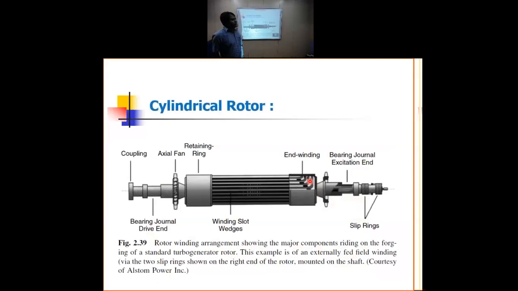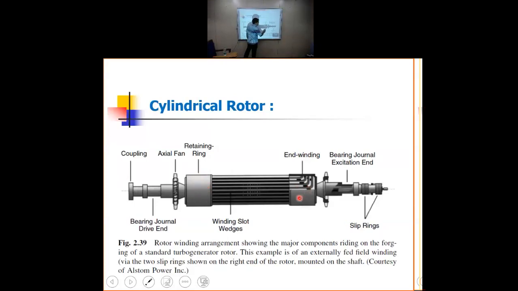Now, just before going to the exact excitation system, you should know the structure of the cylindrical rotor and salient pole. Most of you have already seen this in the generator construction class. Still, as a recapitulation, I have kept some slides. Let us go through those slides. These are the conductors of the cylindrical rotor structure, and this is the retaining ring at one end.